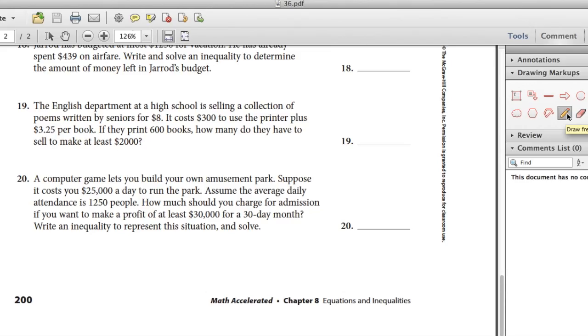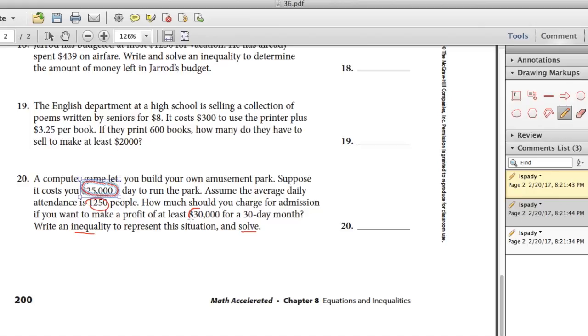For number 20, you're going to write and solve an inequality to represent the situation given, and you need to know that it costs $25,000 a day to run the park, and the average attendance is 1,250, and we also want to profit at least $30,000 in a 30-day month.